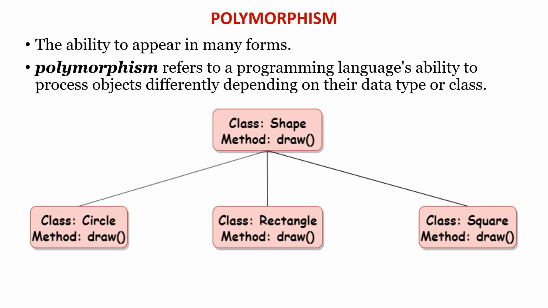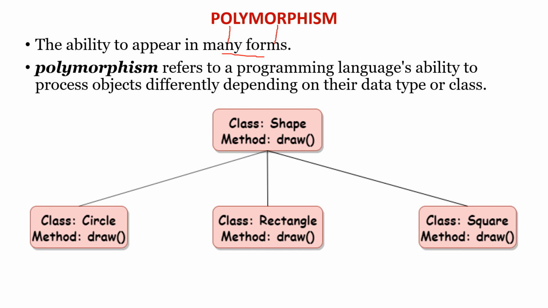And polymorphism. What do you mean by polymorphism? Poly means many, morph means forms. So polymorphism means many forms. The ability to appear in many forms is called polymorphism. Polymorphism refers to a programming language's ability to process objects differently depending on their data type or class.